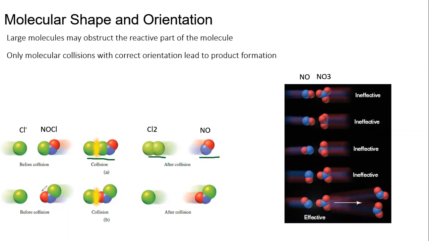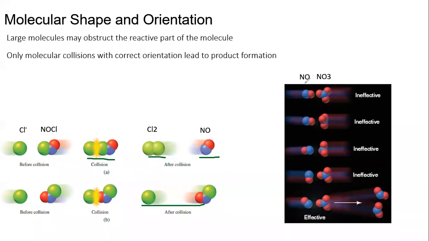But now let's say instead of the chlorine atom colliding with this chlorine, we have an oxygen, and when the oxygen collides, there's no reaction. So this would be an ineffective collision. So again, the orientation of the molecule does play a role in its collision.